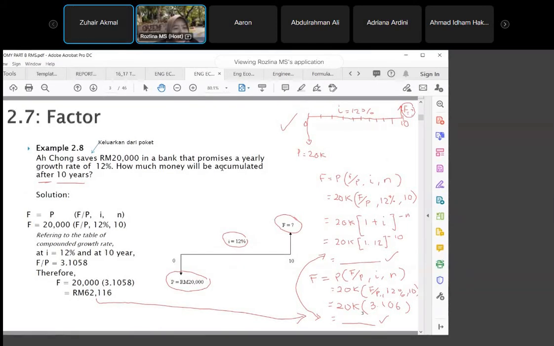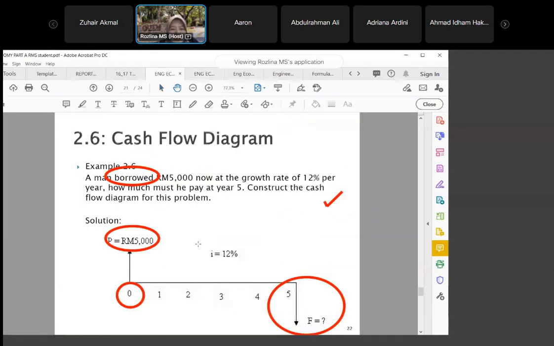Why, when we draw the cash flow diagram, is there no triangle? Because it says growth rate of 12%, yearly growth rate of 12%. Why is there no triangle? Okay, the growth rate is only for percentage. The earlier one with the triangle is about what you earn or what you have to pay.